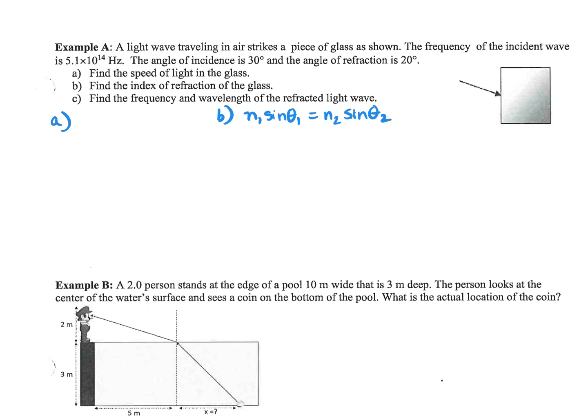Okay? So n sub 1 is 1 times the sine of the incident wave. Angle of incidence is 30 degrees, so sine of 30 degrees equals n sub 2 sine of 20 degrees. So we know it's going from a faster medium to a slower medium, don't we? How do I know it's going from faster to slower?